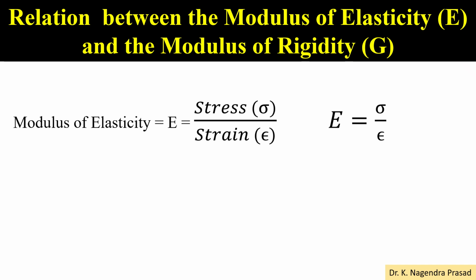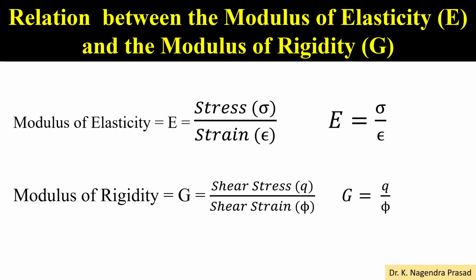So capital E equals sigma divided by epsilon. Similarly, modulus of rigidity, capital G, is the ratio of shear stress, that is small q, and shear strain, that is phi. So G equals q divided by phi.